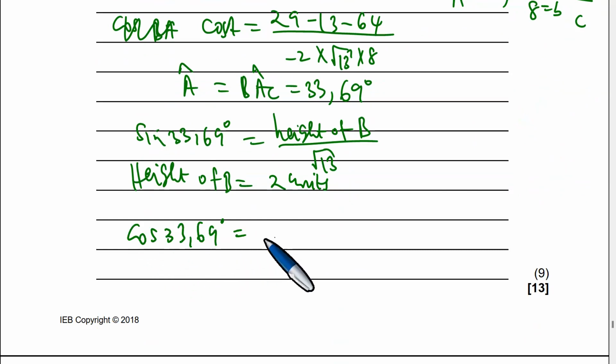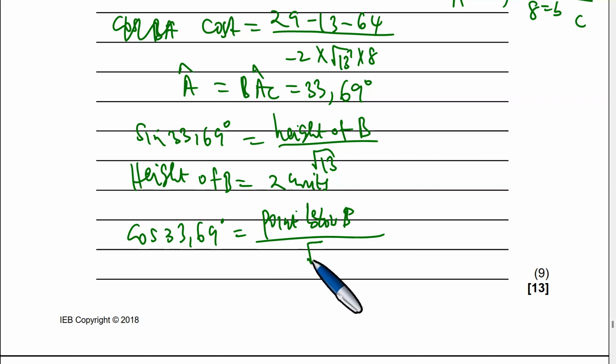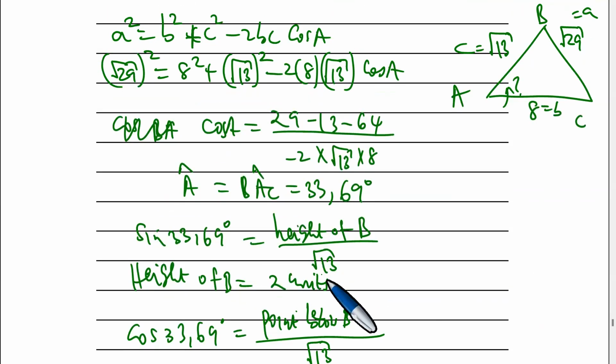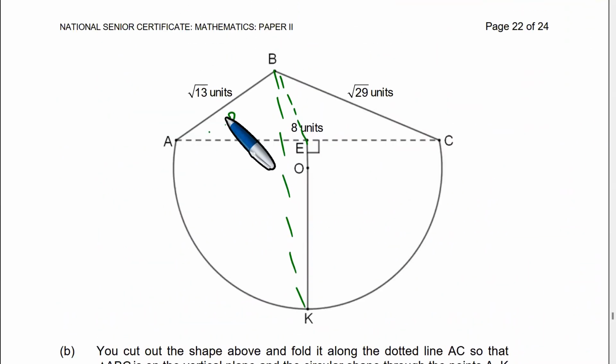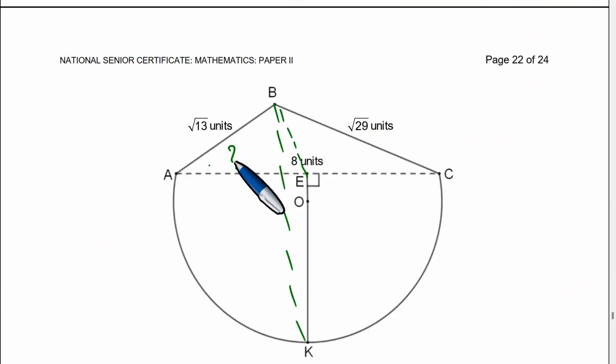Okay, focus on the diagram. This is going to be the point below B. The point below B divided by, it's adjacent over hypotenuse. So the point below B, if you want to find the cosine of this, is adjacent to this over hypotenuse.